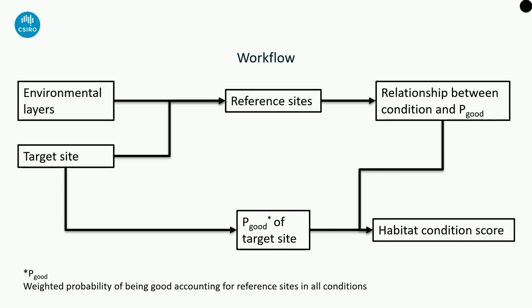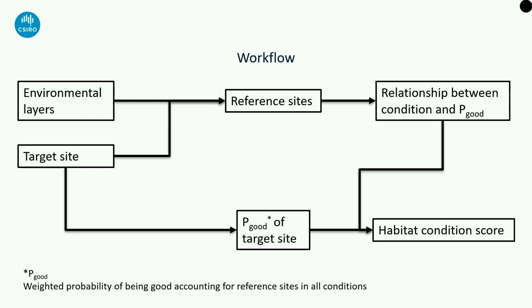Now, the framework I propose here is fairly simple in terms of logic. Once we have a target site, we can look at the environmental layers of the area of interest and select the sites with known condition that are in a similar environmental range as the target site.